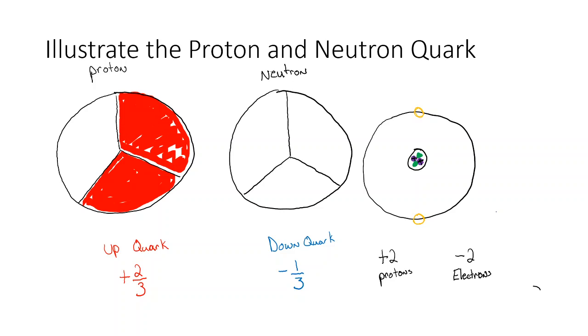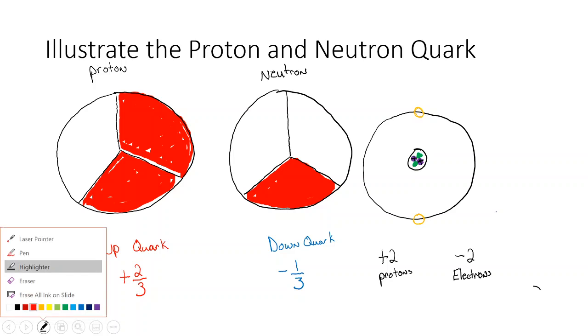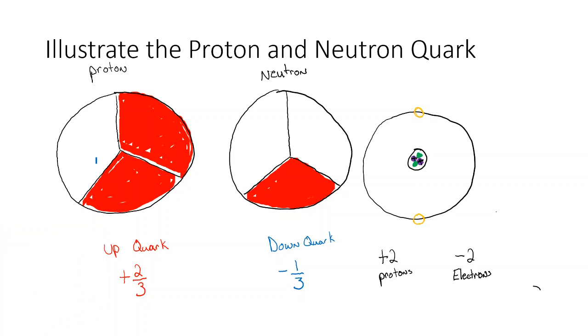Well, if you said 66%, you would be correct. Okay, so there's a proton with two up quarks, and a neutron only has one up quark. And so then, any place that's not an up quark is, you guessed it, a down quark.